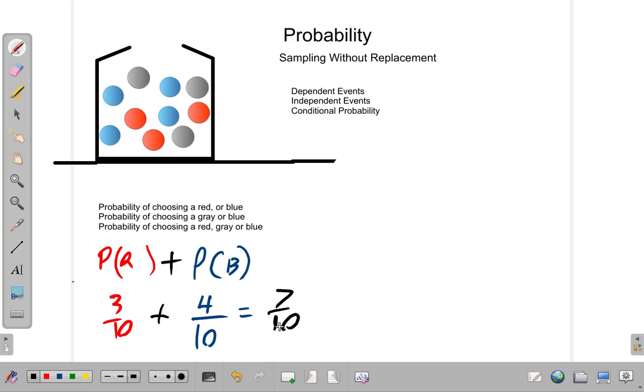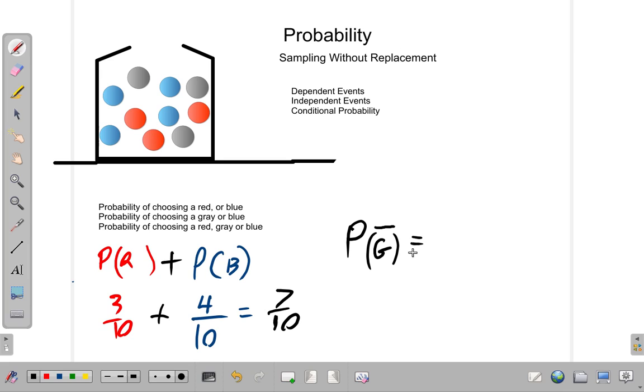Alright? Now we can consider also that another way to do it is to find the probability that you picked a ball that is not gray. Sometimes not gray is written like this.